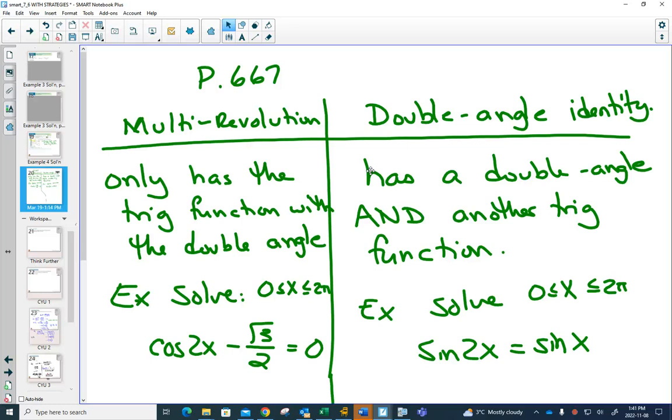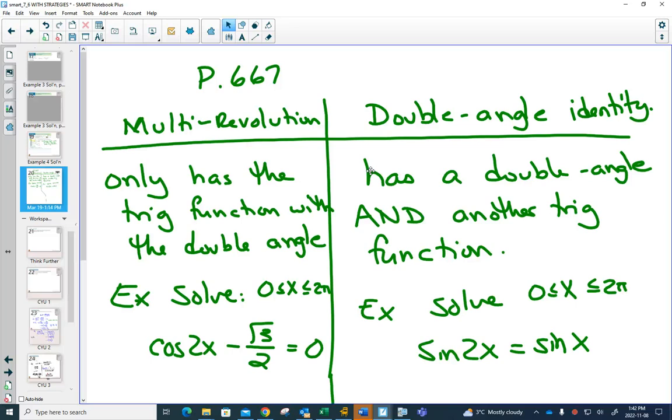But now we have double angle identities, which allow us to change cos 2x to something else. So the question is, when should you think of a question as a multi-revolution question, and when should you think about using your double angle identity? I think this is the meanest thing about math, where you learn something more and it makes something you already knew harder.